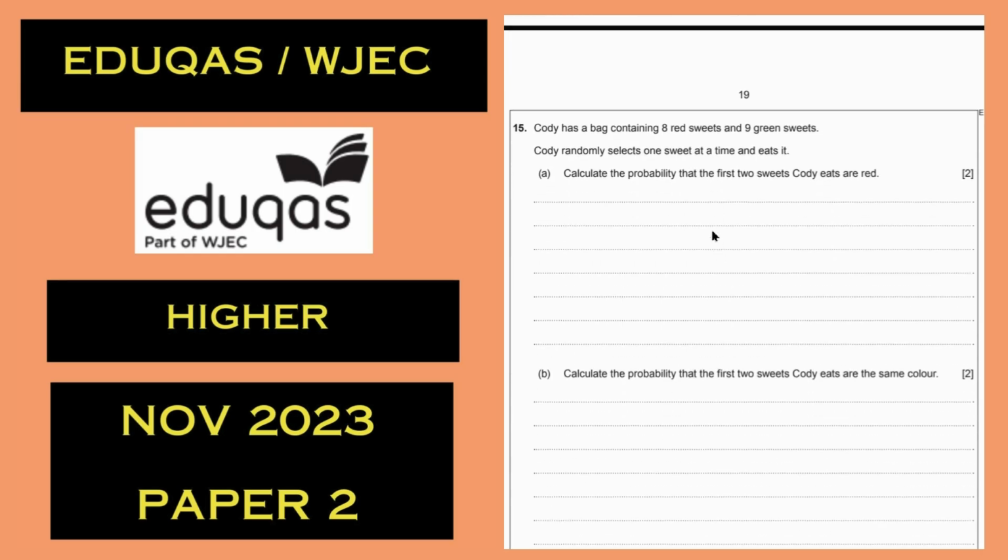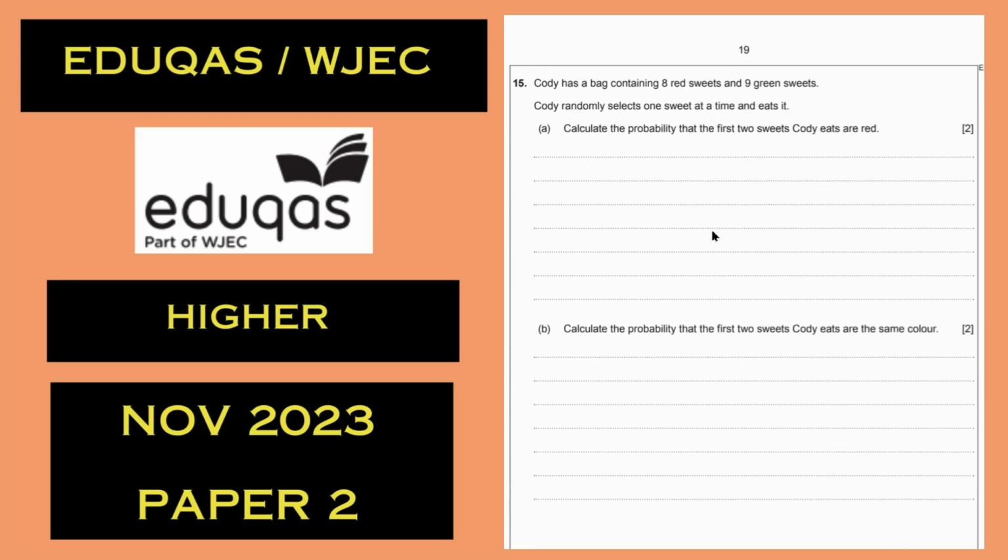Number 15, we've got Cody. We've kind of got a probability tree, but no need to draw the probability tree. If we were drawing the tree, we'd have red followed by red. That's the only branch we're interested in. First two are red. I've put the times in because that's all we need to do.